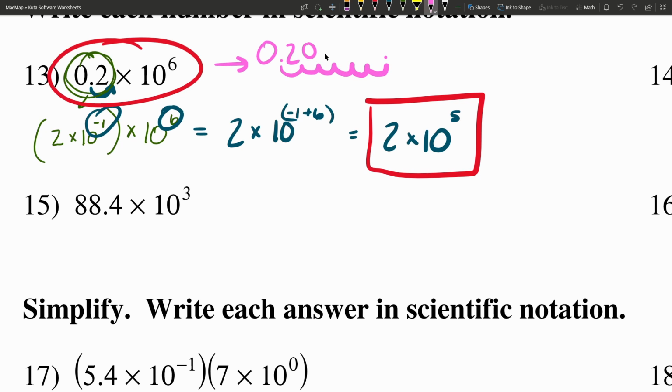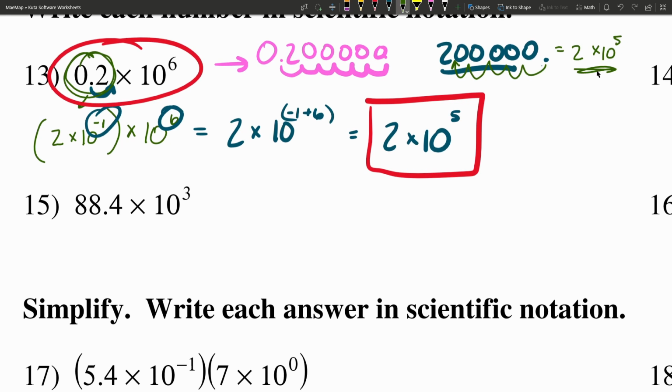So we need 0, 0, 0, 0, 0 for our placeholders. So writing this in standard form, we get the number 200,000. Now let's convert this to scientific notation. So if our decimal place is here, we need to move it 1, 2, 3, 4, 5 times to the left. So this is equal to 2.0 or 2 times 10 to the 5th. The same exact result as down below.